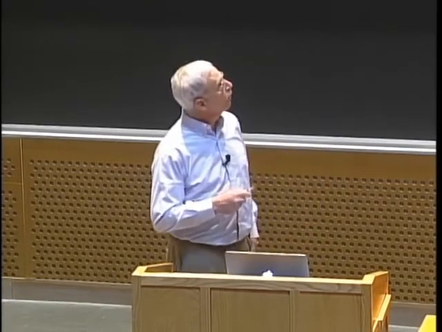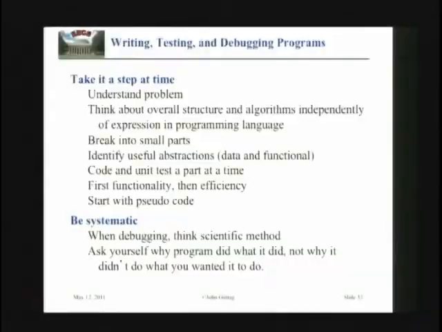The main thing in writing, testing, and debugging programs, I hope you've learned, is to take it a step at a time. Understand the problem. Think about the overall structure and algorithms separately from how you express them in the programming language. Right? We can talk about dynamic programming conceptually without worrying about how to code it up.